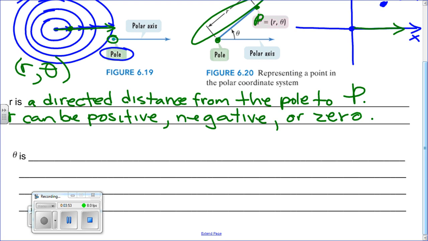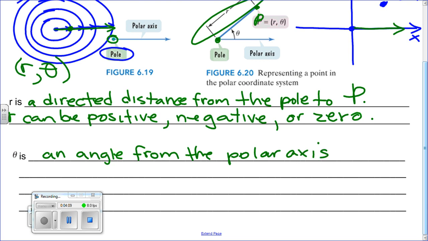Now, theta is going to be an angle, of course, from the polar axis. That's comparable to the positive x-axis. It also follows the definition of a standard angle in standard position, right?